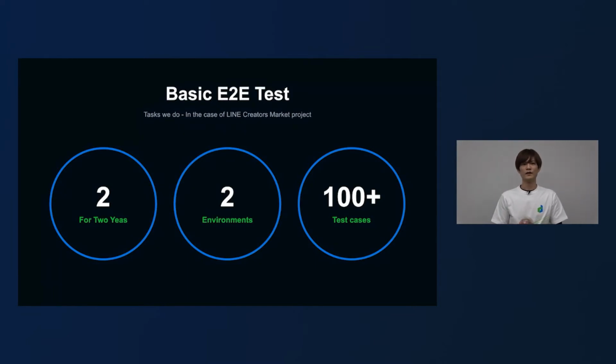After they joined the project, they have created about 100 test cases and have regularly run them once a day. And in this project, we are focusing on regression testing because this is such an important factor.